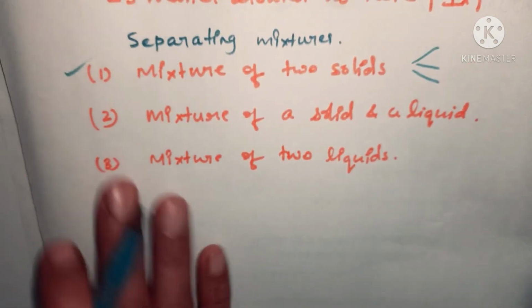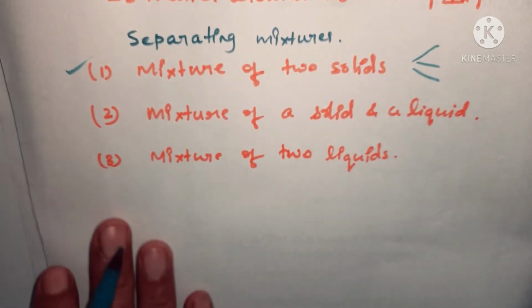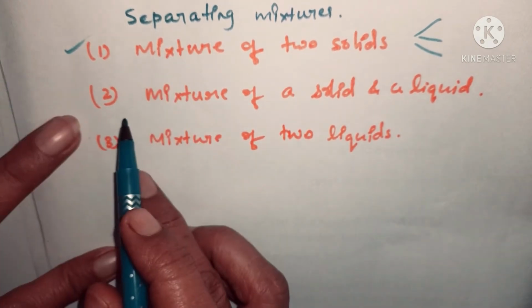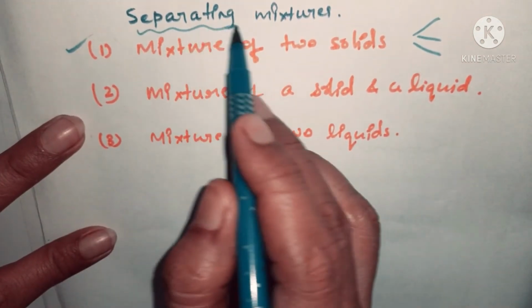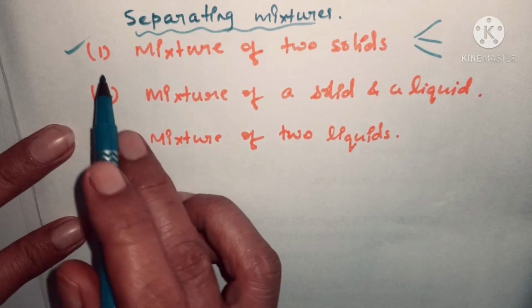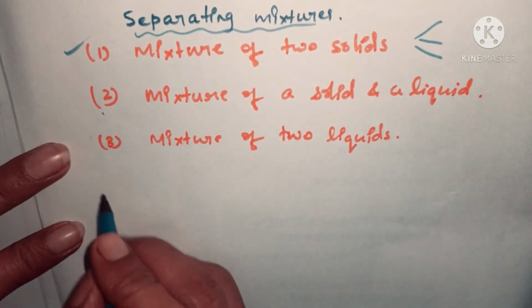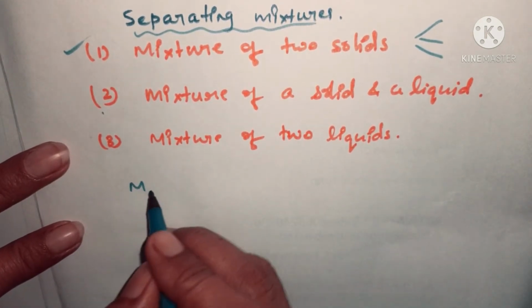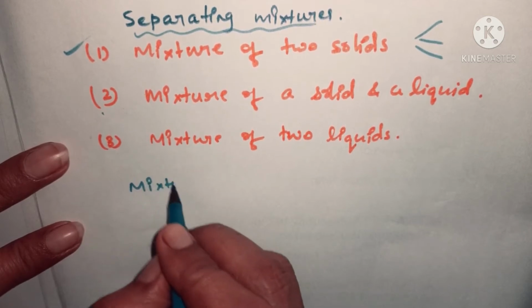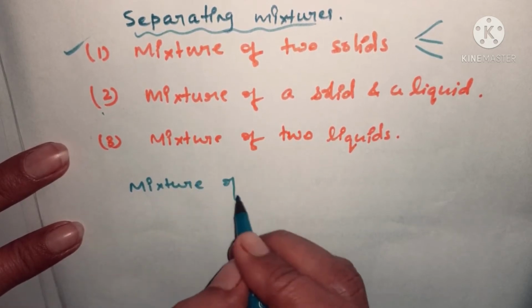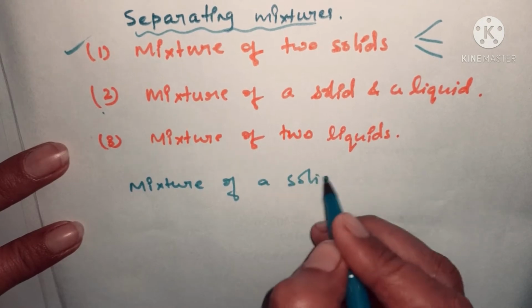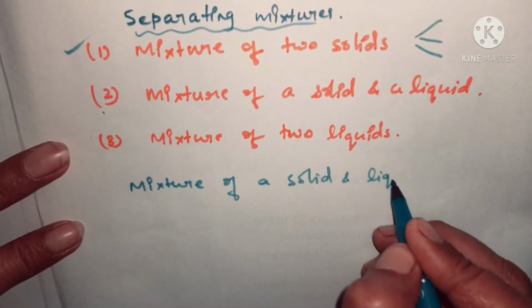Under this topic we have taken the second category, because we have already done the first category. So for today's session our topic is mixture of a solid and liquid.